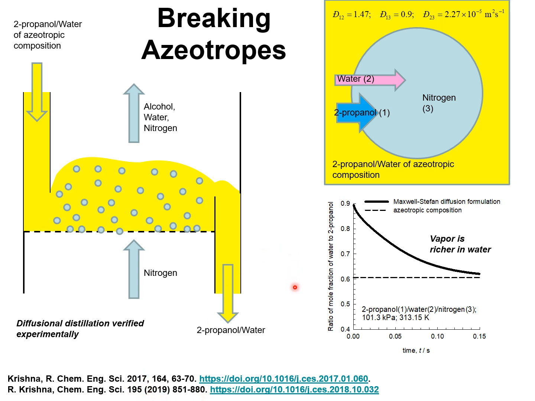And by solving the transient diffusion equations along with the Maxwell-Stefan diffusion formulation, we can determine the mole fraction of water to that of 2-propanol in this vapor bubble as the bubble rises through the liquid. And this ratio is plotted in this graph as a function of the contact time.